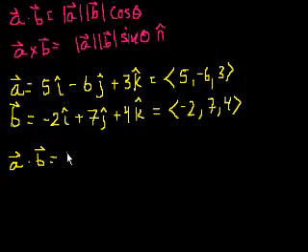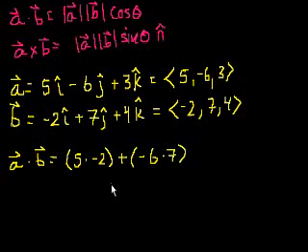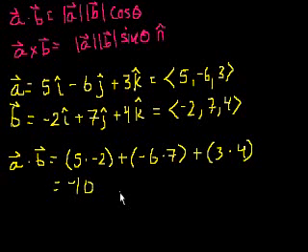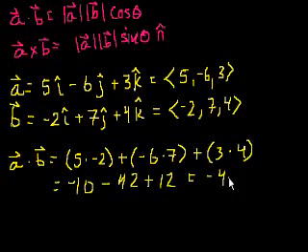So it would be 5 times minus 2, plus minus 6 times 7, plus 3 times 4. So it equals, what is this? Minus 10, minus 42, plus 12. So this is minus 52 plus 12. So it equals minus 40.